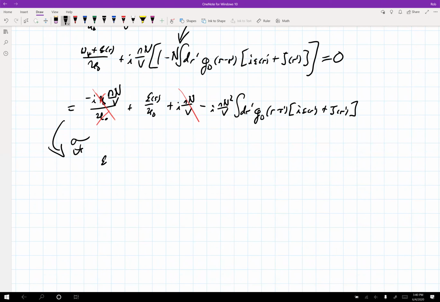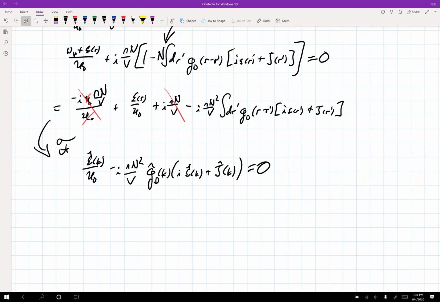And we'll have epsilon hat of k over u naught minus I n squared over v gd hat of k I epsilon hat of k plus j hat of k. And all this still equal to 0.